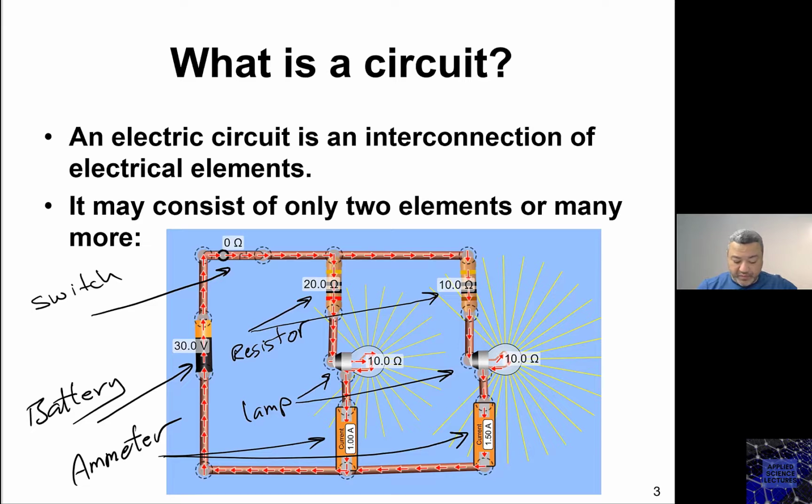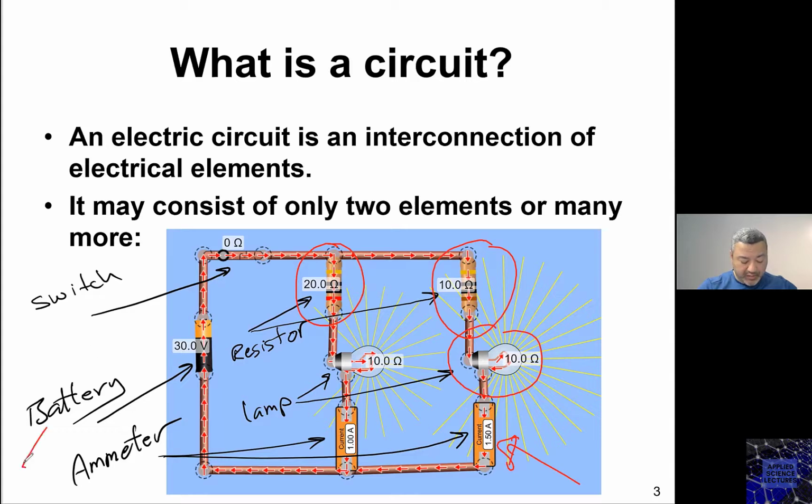So as you can see here, we have resistors, those are passive components, with the light bulbs. We have some measuring instruments here, the ammeters that measure the current. The ammeter has to be part of the circuit in order to measure the current.